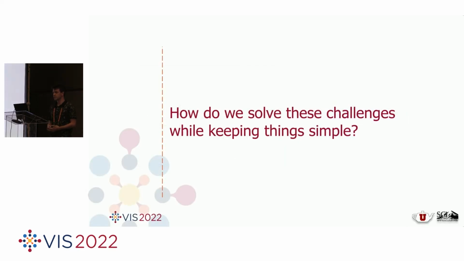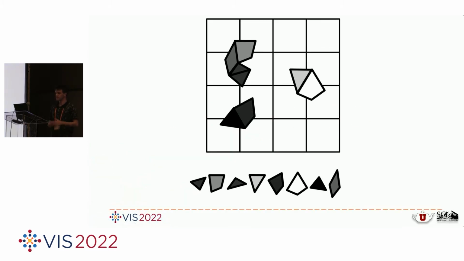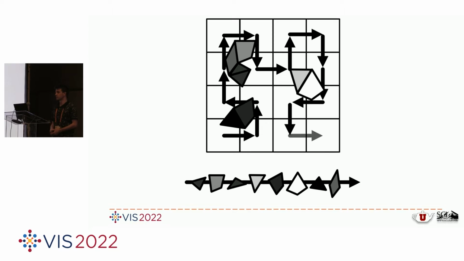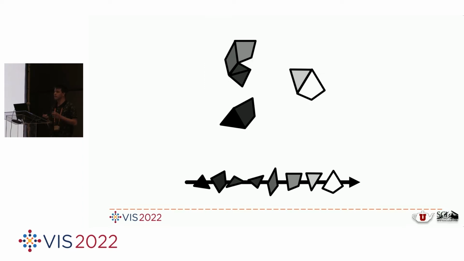So how can we solve these two challenges while keeping our method simple and accessible to people? We discovered that you can solve almost all of these challenges with a single data transformation, which is to reorder our elements along a Hilbert space-filling curve. This Hilbert space-filling curve reorders elements in memory relative to their location in space, so that nearby elements in memory are nearby in space.